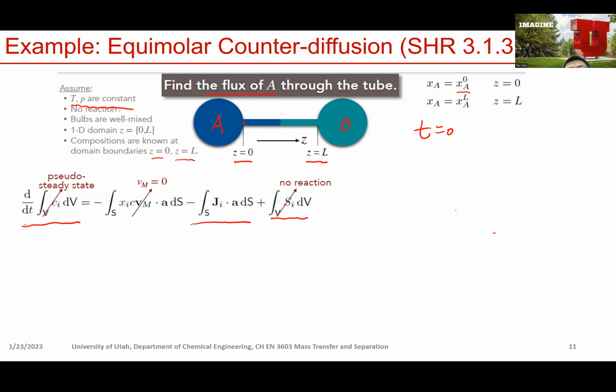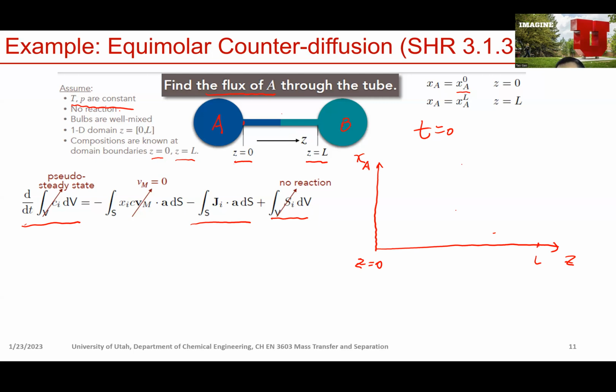If we look at this geometry, we can draw a schematic to describe the concentration of A in the tube. This is Z, and this is L. This is Z equals 0. Let's say this is XA, the mole fraction of A in the tube.